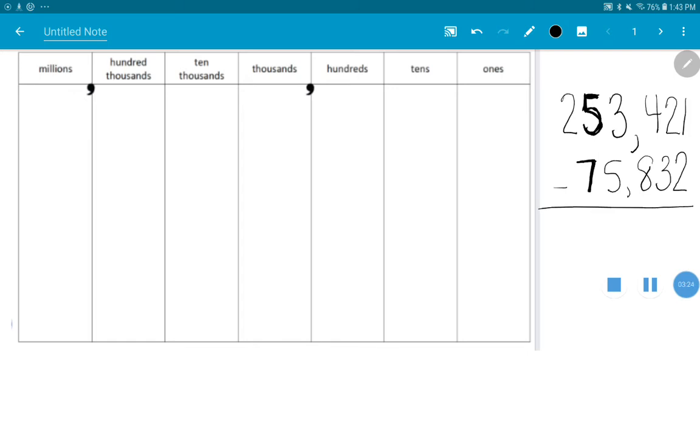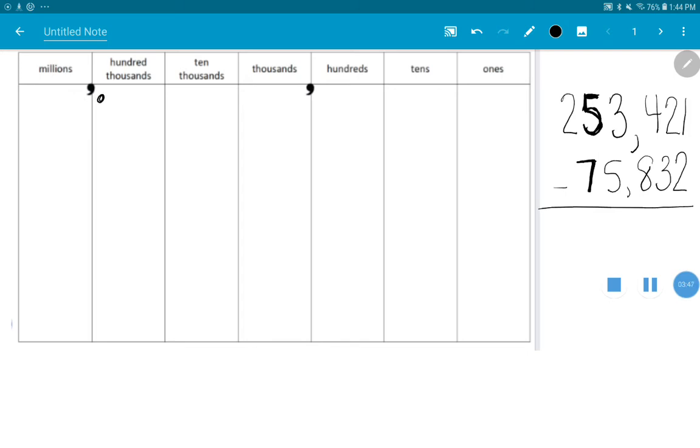If I wanted to model this problem on my place value chart, what would I need to put on the chart? Which number would I put on there? 253,421. Yeah, I'm going to put my total on the place value chart.